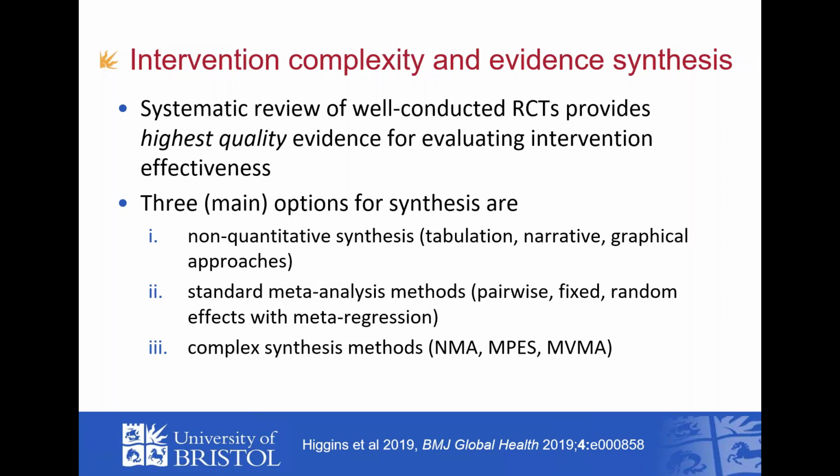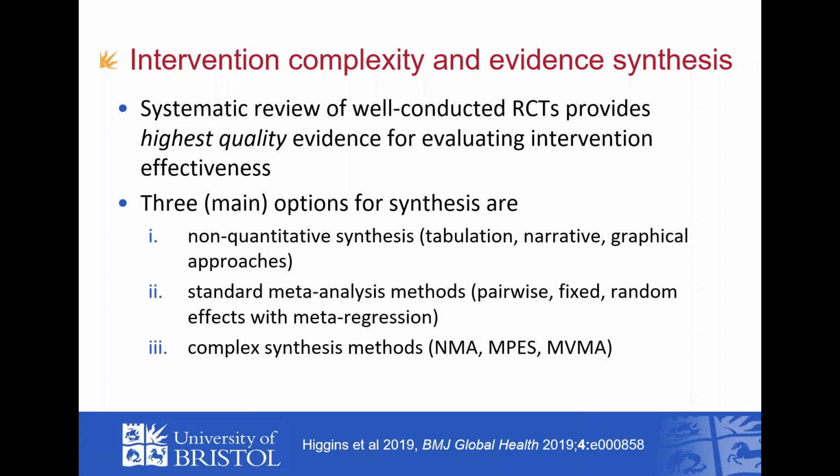And then finally, Higgins et al. identified these complex synthesis methods, such as network meta-analysis, multi-parameter evidence synthesis, and multivariate meta-analysis. Now, the reason I've listed those there is that it's worth noting that these more general methods, such as MPES and multivariate approaches, can also be utilised to address some of those other aspects of complexity that were described by the MRC guidelines, for example, the number and variability of outcomes.